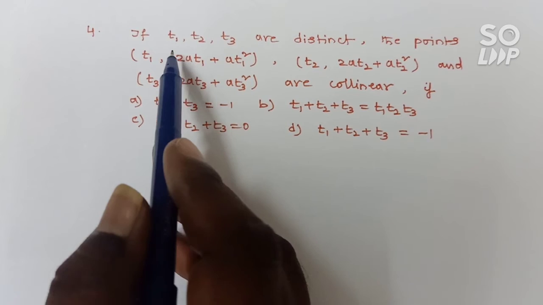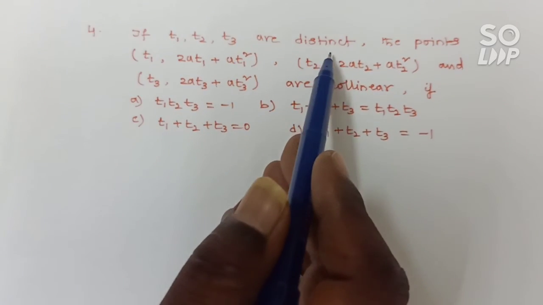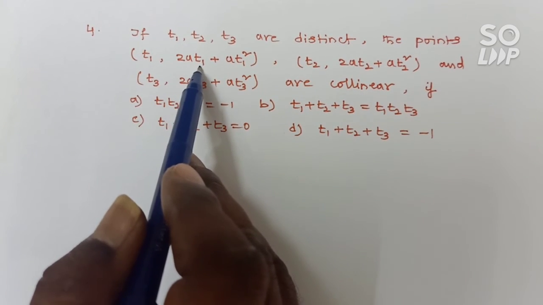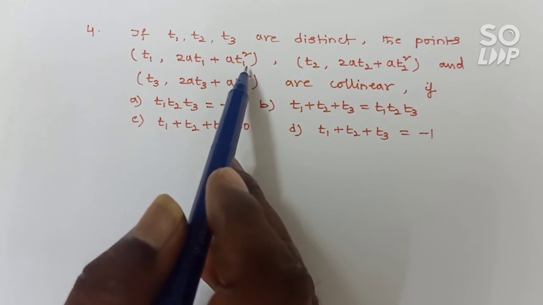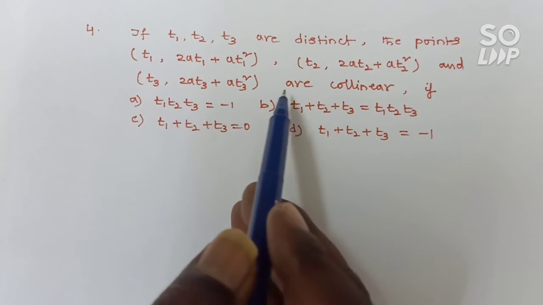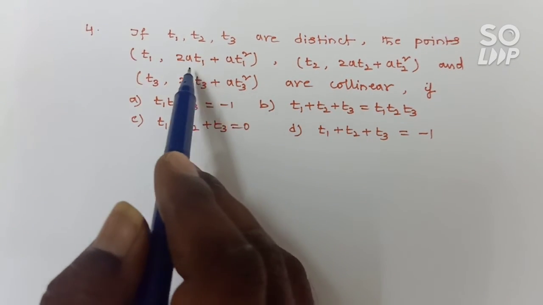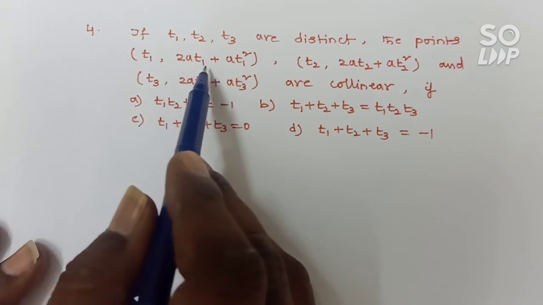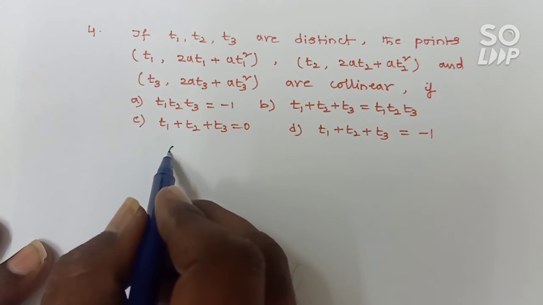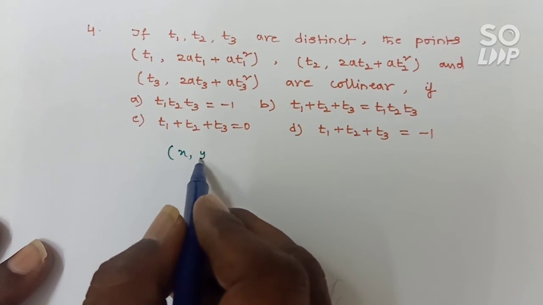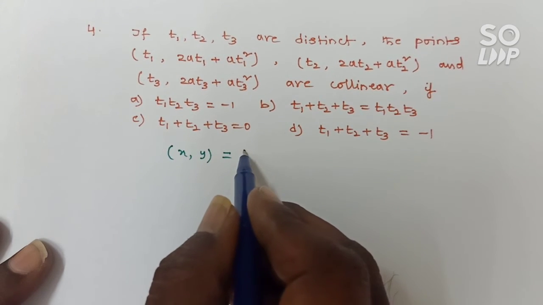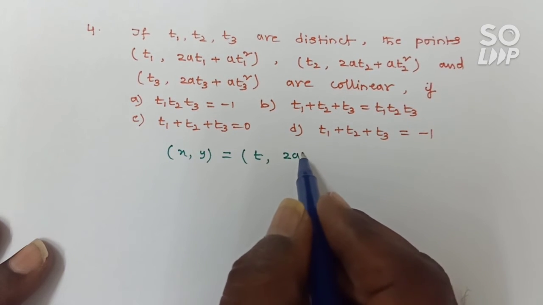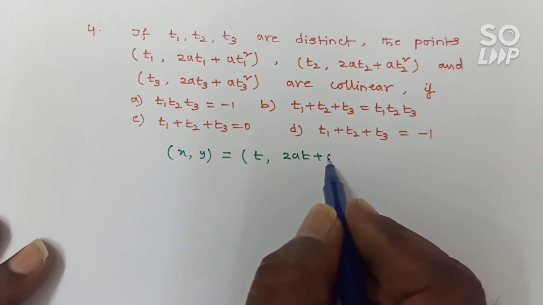If t1, t2, t3 are distinct and the points (t1, 2a t1 plus a t1 square), and similarly in terms of t2 and t3, are collinear. Replacing t1, t2, t3 by t, the point (x, y) will be t comma 2a t plus a t square.